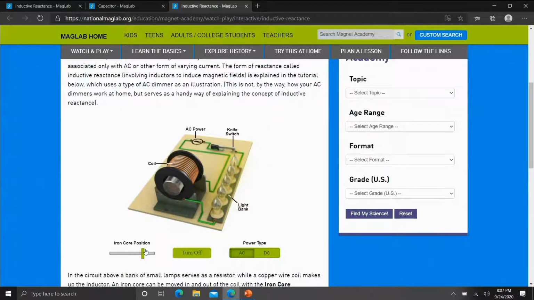And as our henries increase, the L value increases, inductive reactance increases, and our current flow goes down. We decrease the inductance, we increase current flow. Inductive reactance goes down, current flow goes up. We'll do that one more time.